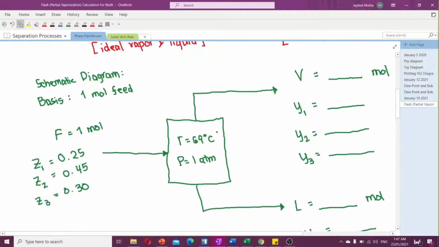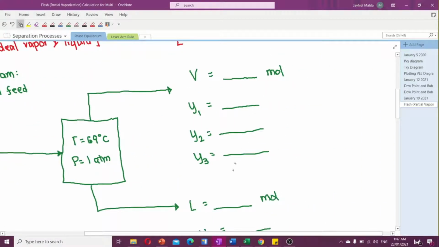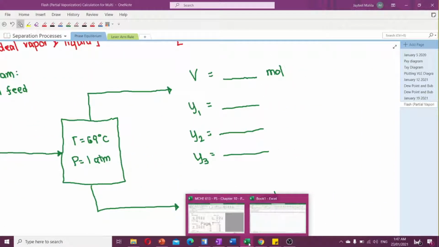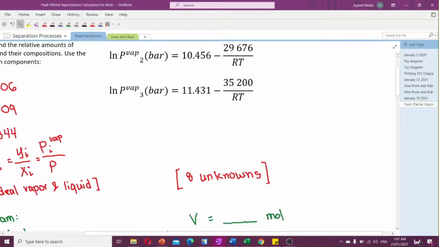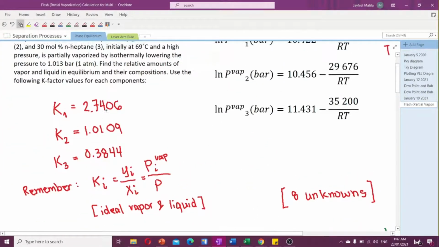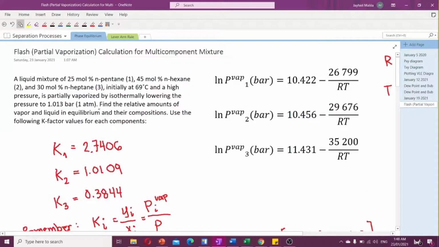So we're now ready to solve everything in Excel. If you ask me how I was able to get the K values, I forgot to mention.